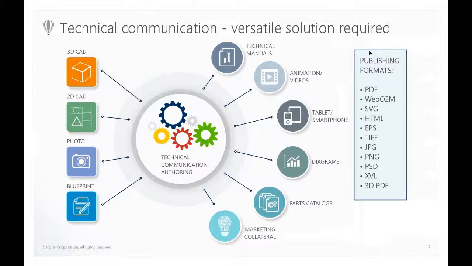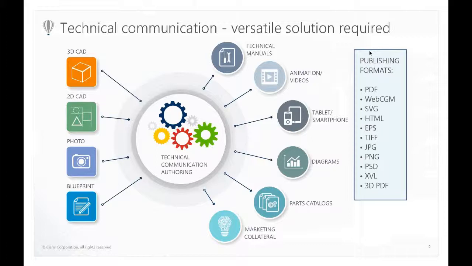So first of all, you need to handle many different kinds or types of source data. That can be 3D CAD, 2D CAD, also photographs, maybe even blueprints, printed documentation that you need to access for further editing and working with those source files.